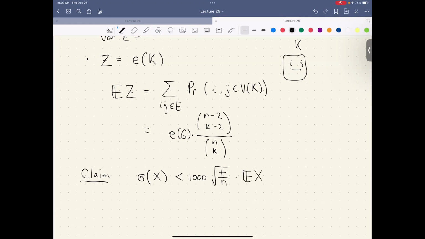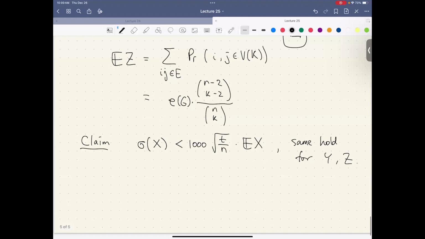And the same holds for y and z as well. So we do have that all these random variables that we want are concentrated around their means because the variance is small.